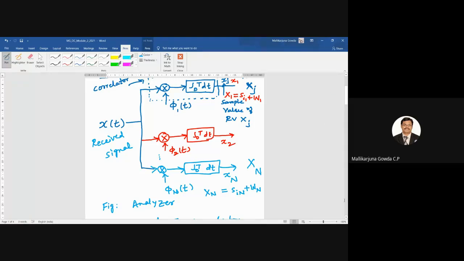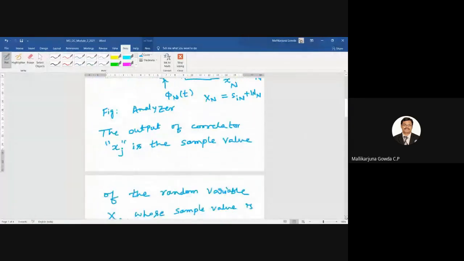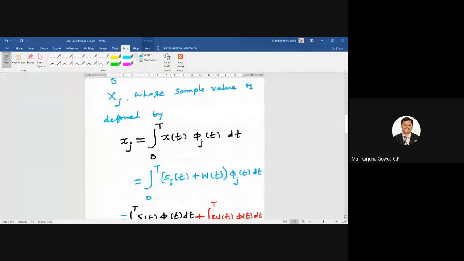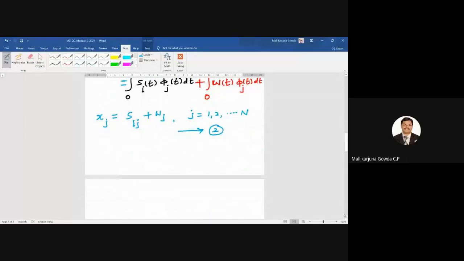Is this clear? I'm asking. See, capital X1 is equal to small x1, which is equal to Si1 plus W1. Hope this point is clear.